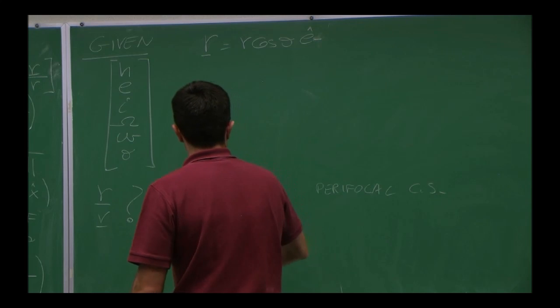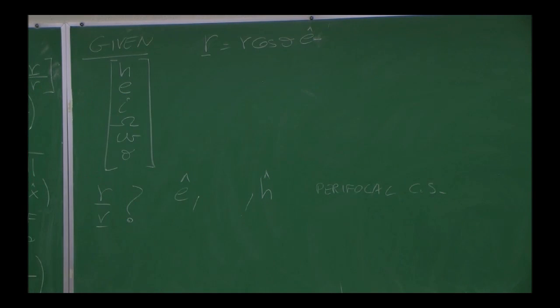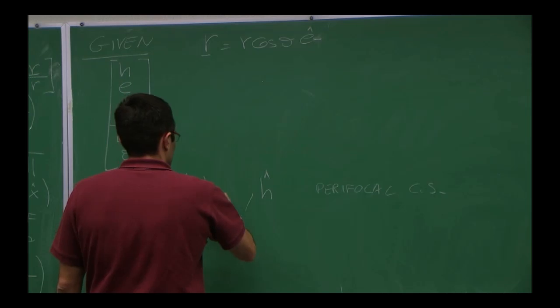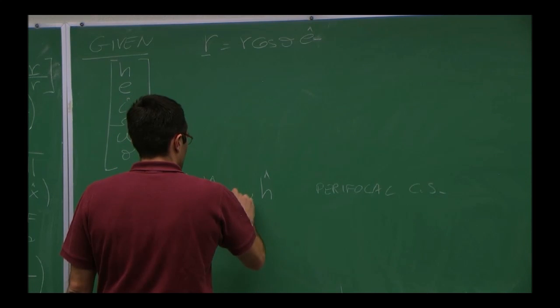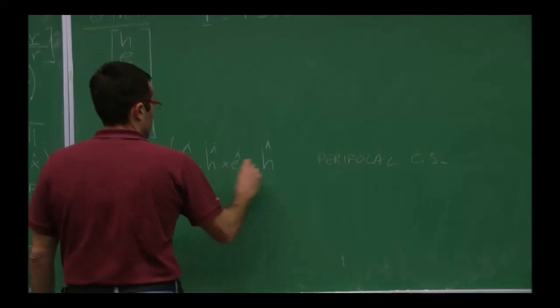So basically, say that I use this as the X if you want, and this is the Z. What are you missing? You're missing the third direction. What do you want to do? It's up to you. You define what you want to do. H cross E. Is that okay?